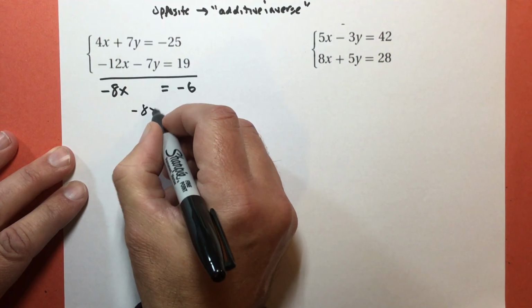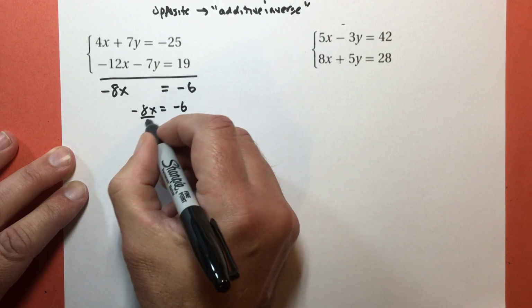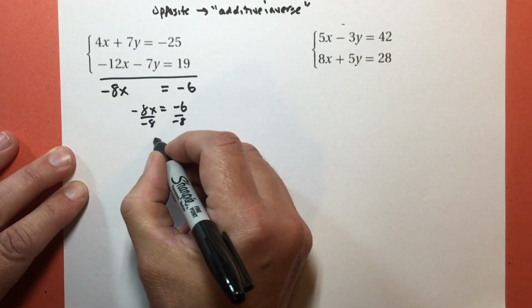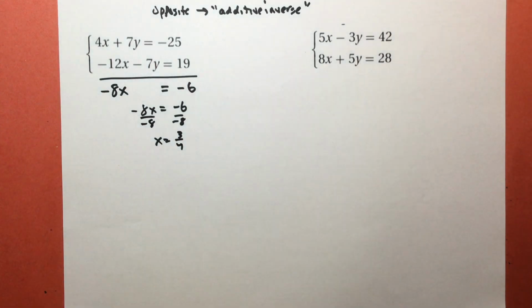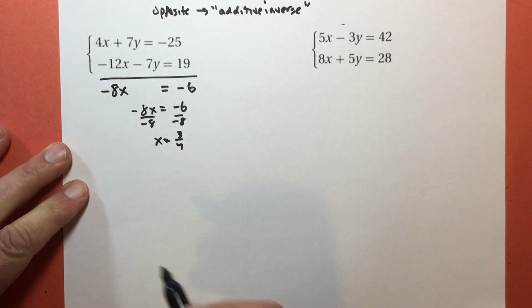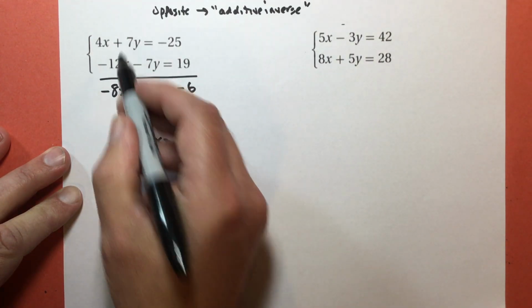So I get negative 8x equals negative 6. Divide by negative 8, and I get x equals 3/4. Look out, we got a fraction. Maybe I did something wrong. But to be honest, sometimes you're going to get fractions. So it'll be okay. All right, let's put this back into the equation.